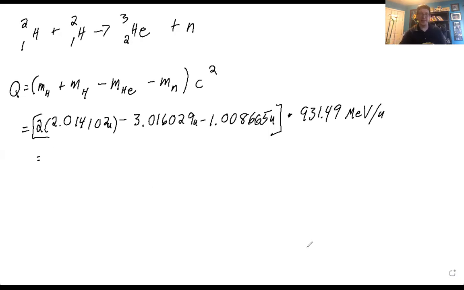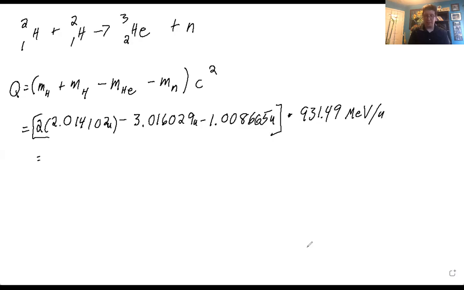That gives the amount of energy either released or absorbed in the reaction. So that's 2 times 2.014102 minus 3.016029 minus 1.008665.